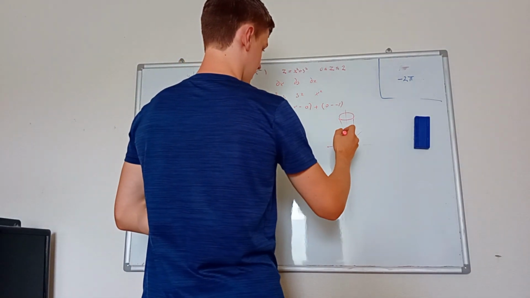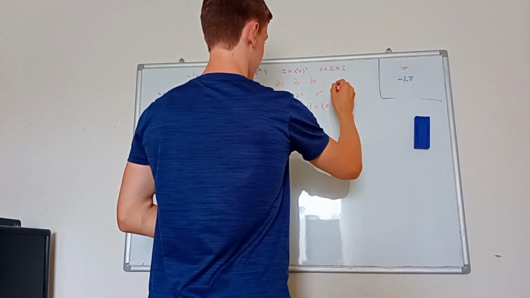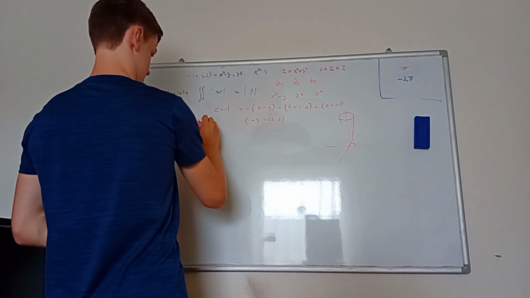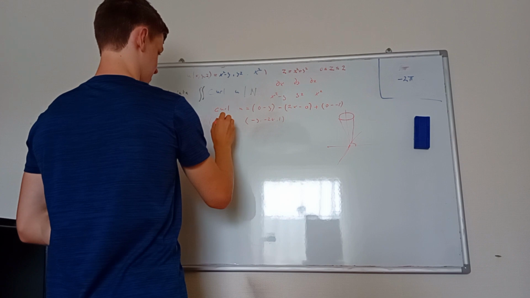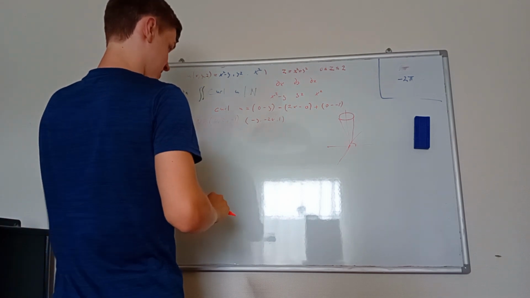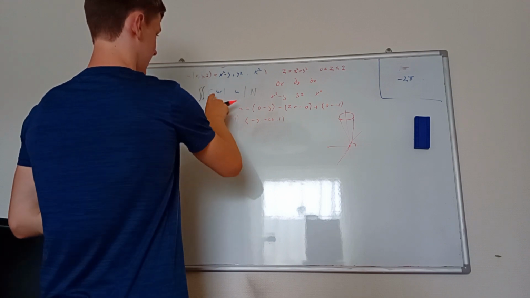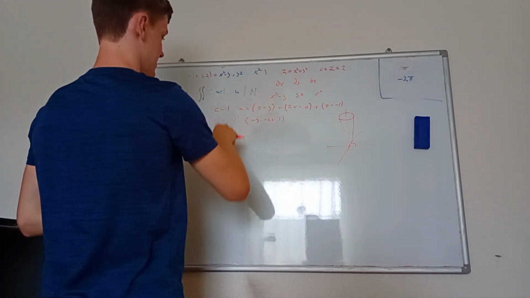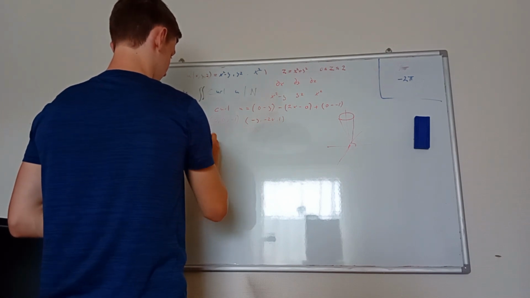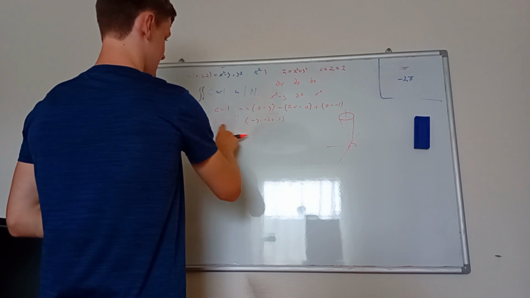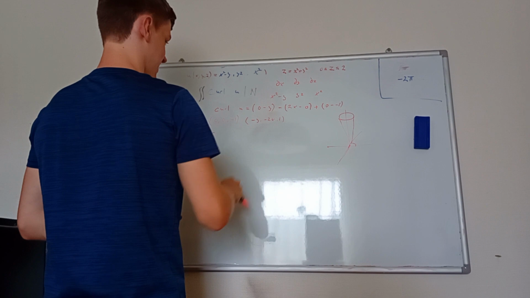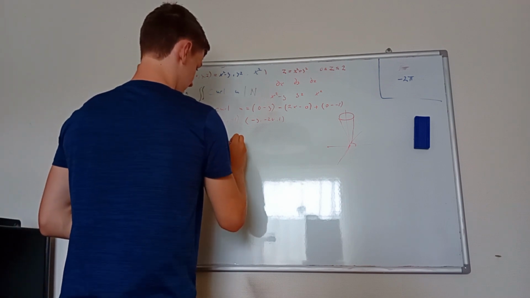So the normal of this will be 0, 0, and negative 1 will be our last component. So if we now do the curl of u times n, the normal, we're going to end up with the double integral of 0 times negative y, 0, 0 times negative 2x, 0, negative 1 times 1, which is negative 1.